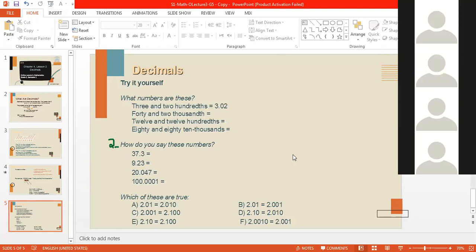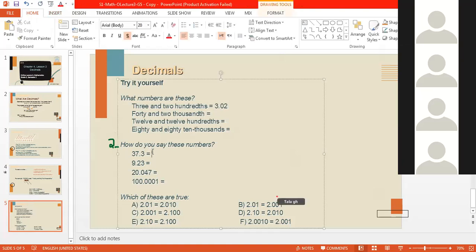Mohammad, can you see the first one? 37.3. Number 2, the first one here. Write it in word form.